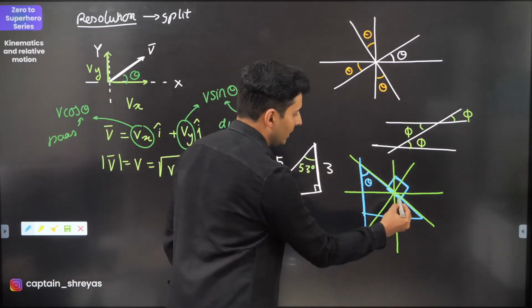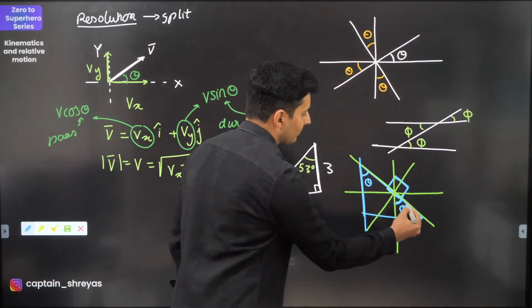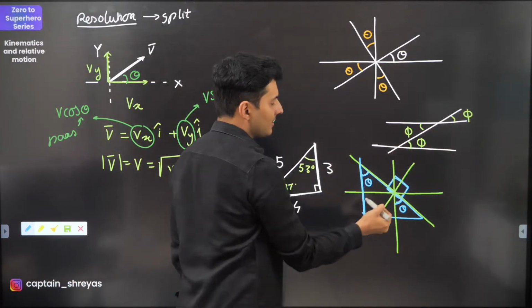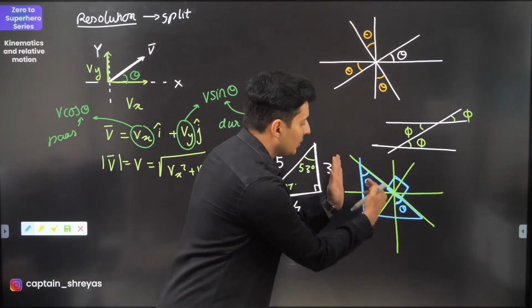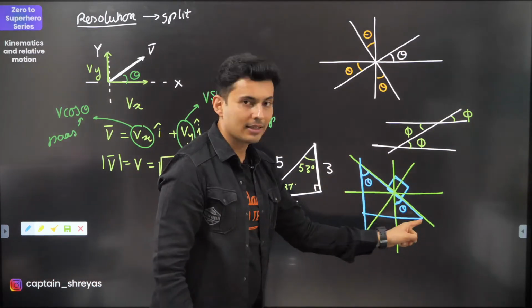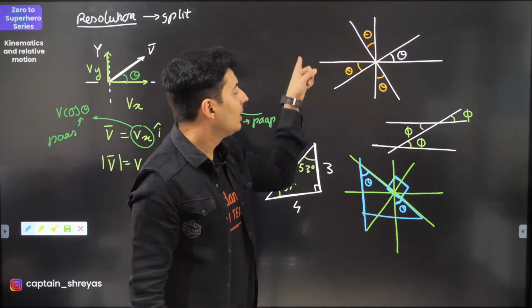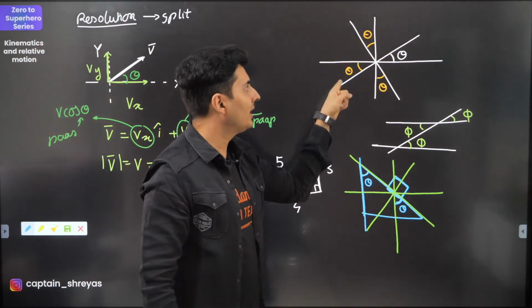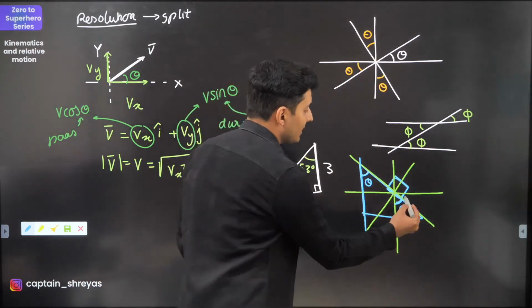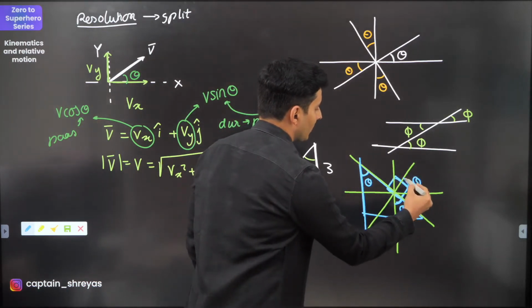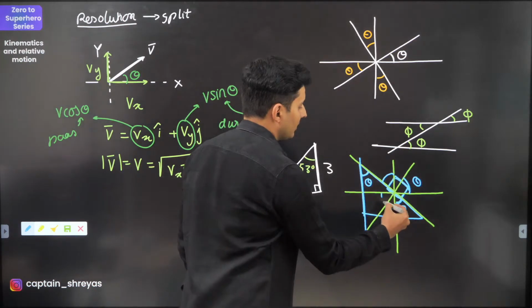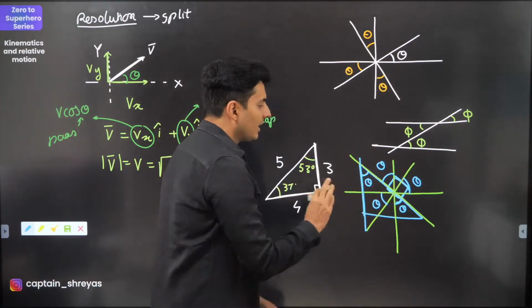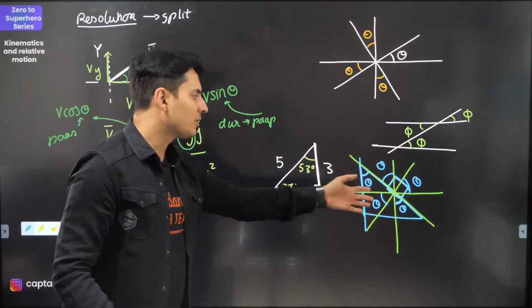So if this is theta, naturally even this is theta. Once you know this, look at this diagram. Every alternate angle becomes theta. So if this is theta, this is also theta, this is also theta, this is also theta. So you can mark it. Now it becomes very easy to resolve any vector.